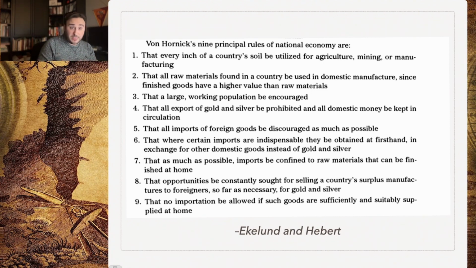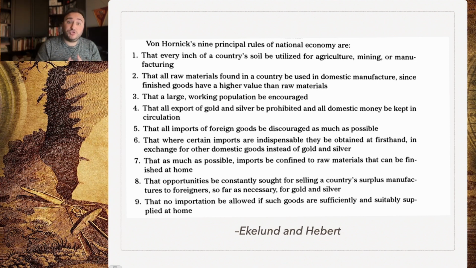Number 1, the idea that the way to achieve large quantities of revenue is by minimizing the amount of finished goods being brought into a country, but instead exporting finished goods and focusing more on the refinement of raw materials.